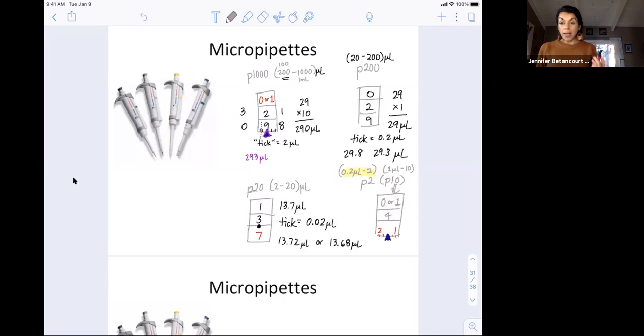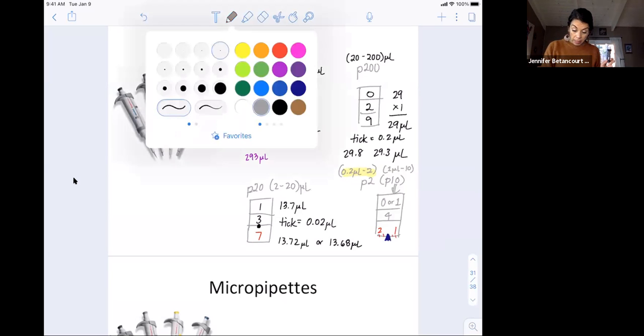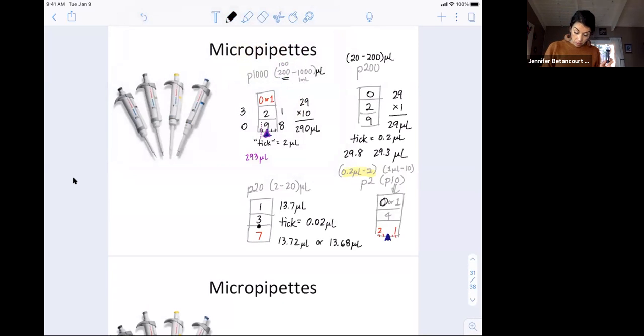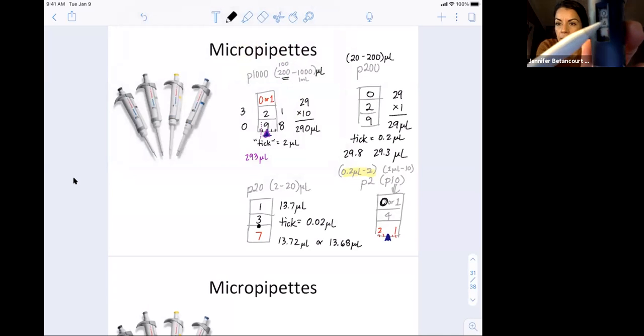The pipette that I'm holding is set to 0, because if it was set to 1, this would be outside the range and I'd be ruining this pipette. So right now this pipette, and I'll show you, is set to 0, 4, and then the little arrow thing, I'll even try to zoom in a little bit, is right between the 1 and the 2.